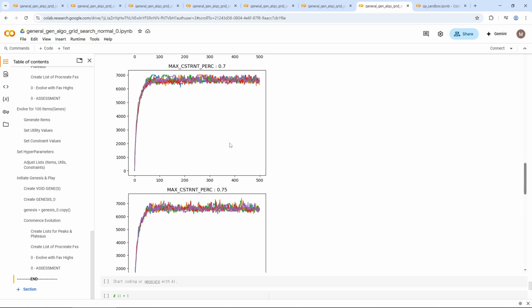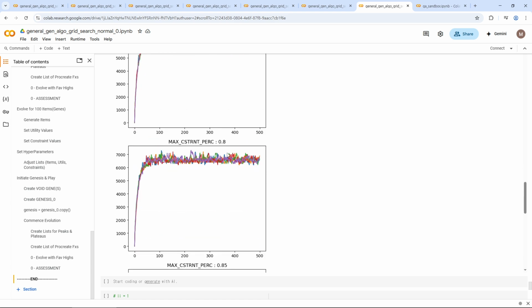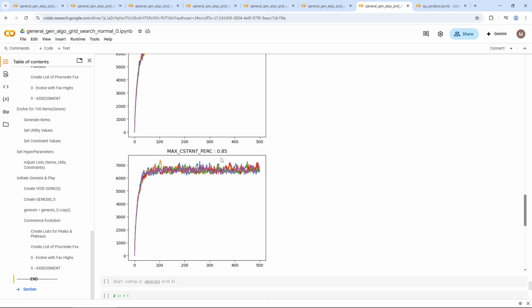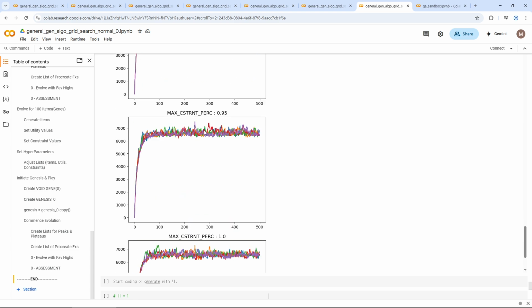At 75%, we don't have that. At 80%, we don't have that. Some values should be all the way up at 8,000, nowhere close. Again, 85%, nowhere close. 90%, nowhere close. 95%, nowhere close.